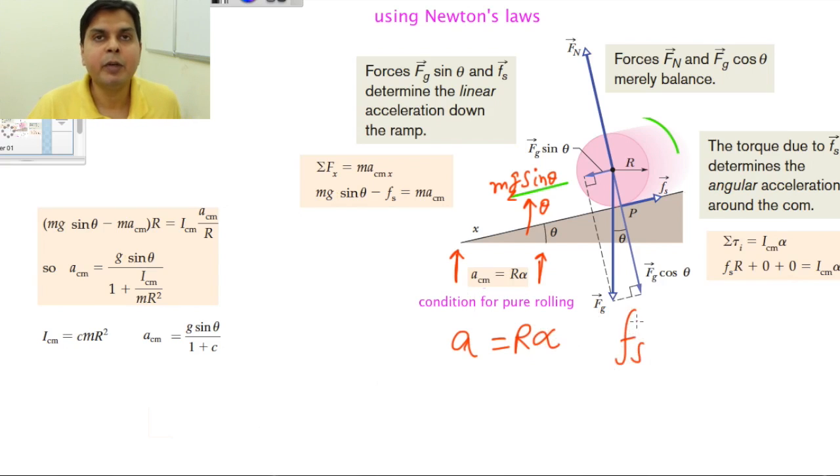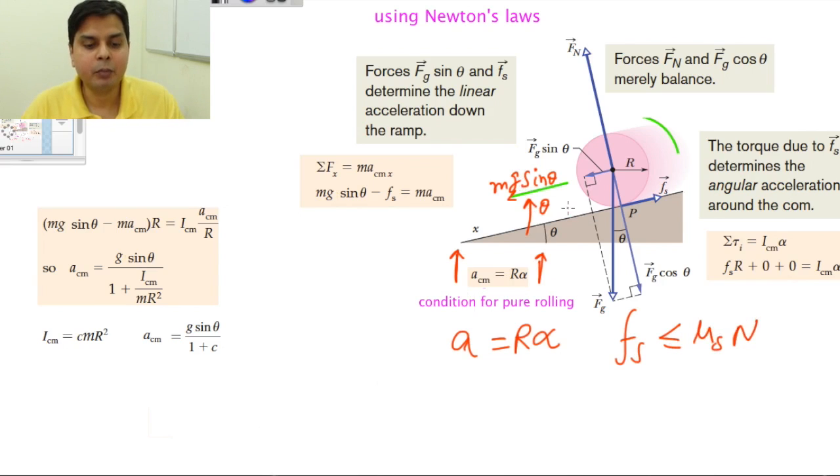There is a limit to your f, because your f cannot increase beyond a value called mu s times N. So after a certain angle, your linear acceleration, this mg sin theta term, starts dominating. It causes a much greater acceleration, and your alpha is not able to keep pace with this a. Why is your alpha not able to keep pace?